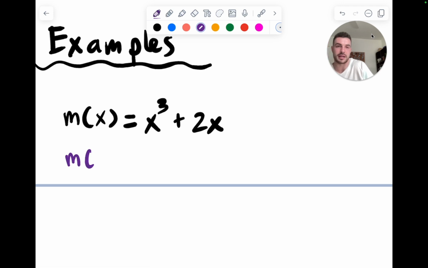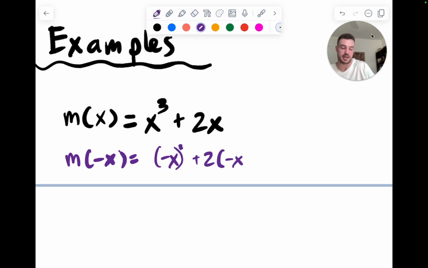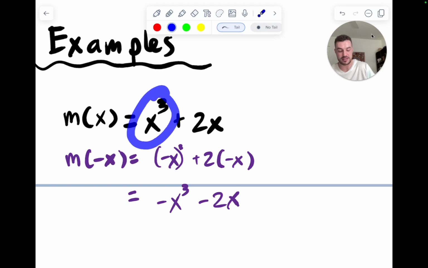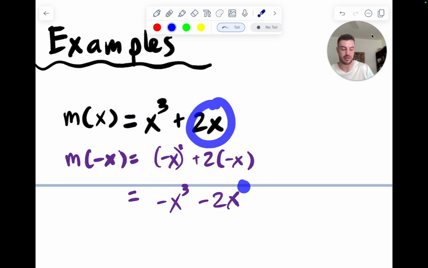M of negative x is going to be equal to negative x to the 3rd plus 2 times negative x. So I end up with a negative x to the 3rd minus 2x. Well, if we look at this, this is opposite, this is opposite.